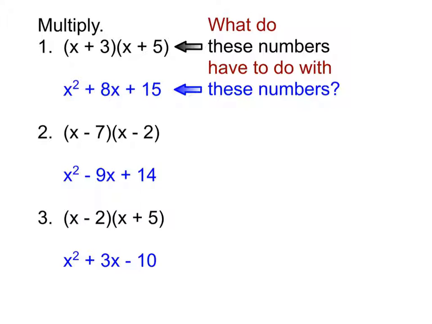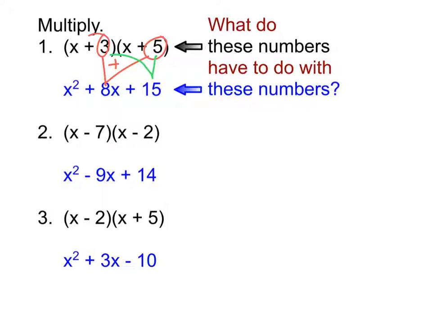And notice, if I take these 2 numbers and add them, I get that middle number. If I take those 2 numbers and multiply them, I get the last number. And notice that's true for every single one of these. So like the next one down, notice that if I do negative 7 plus a negative 2, I get negative 9.